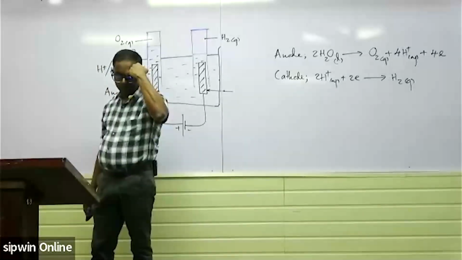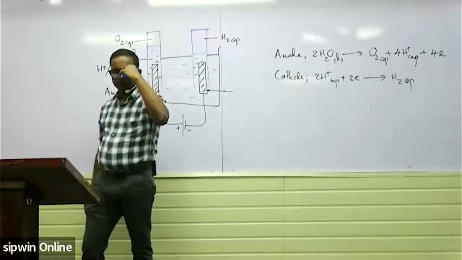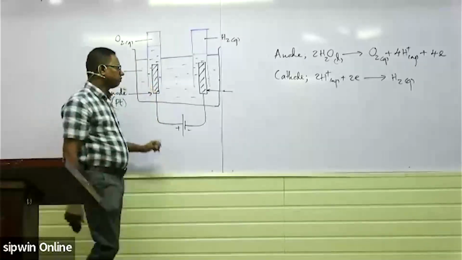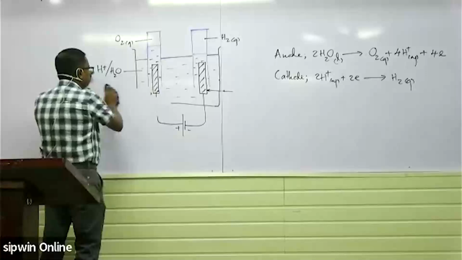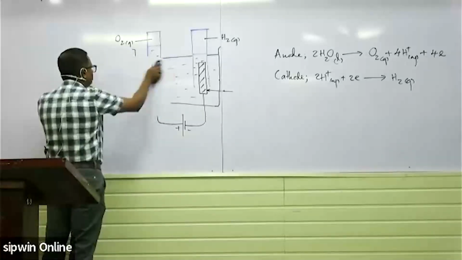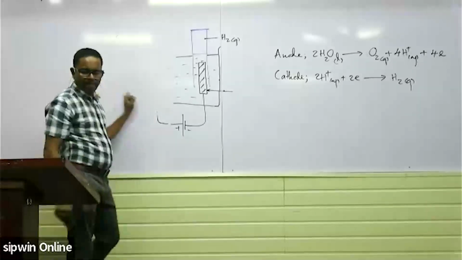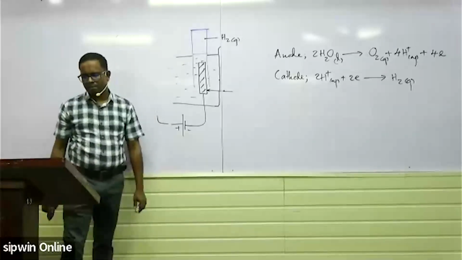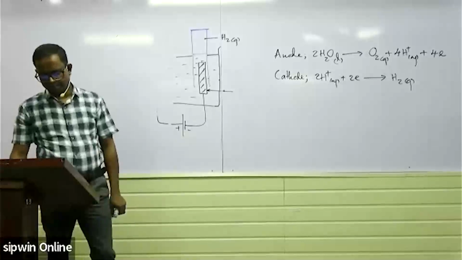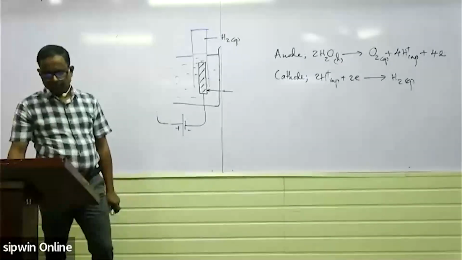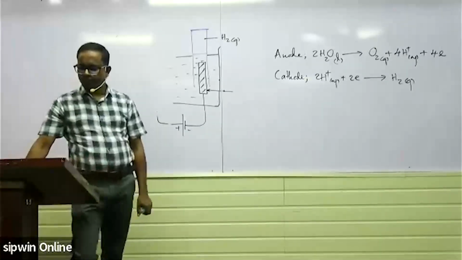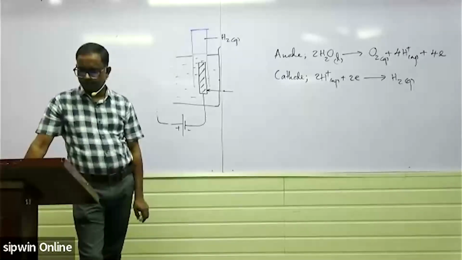Sub number 1. Number of moles of oxygen and hydrogen evolved from cathode and anode.